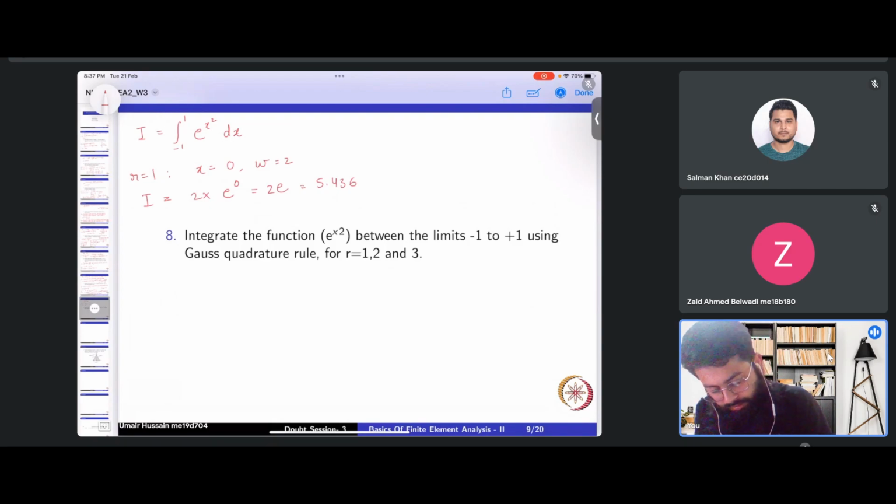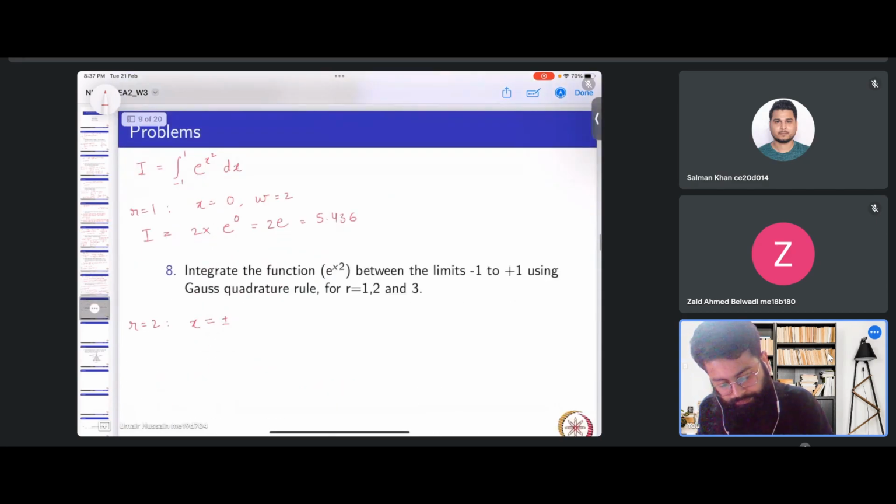Now we change our value of r to 2. We have x equals to plus minus 0.5773, right? And our weights are 1 for each.